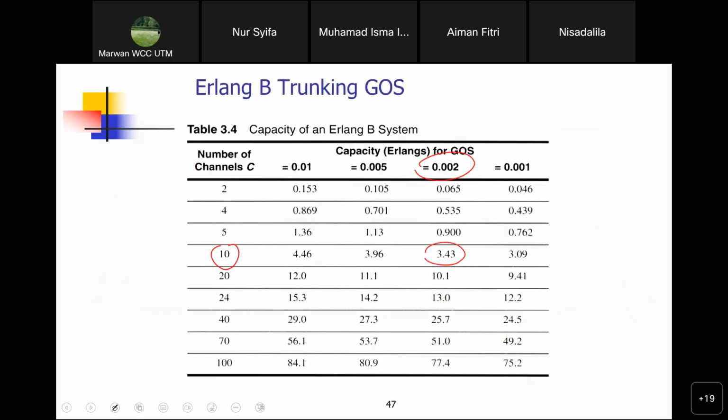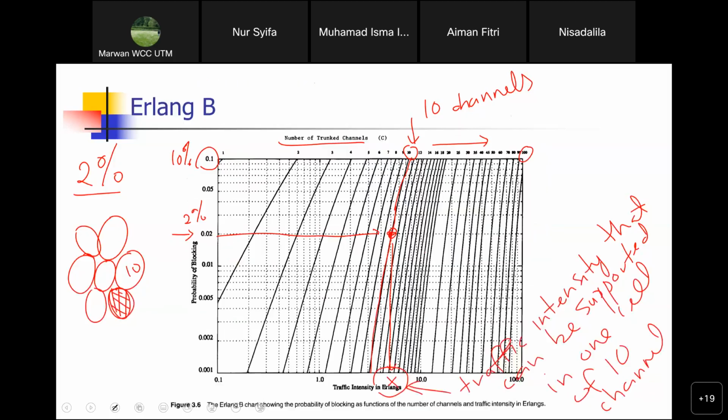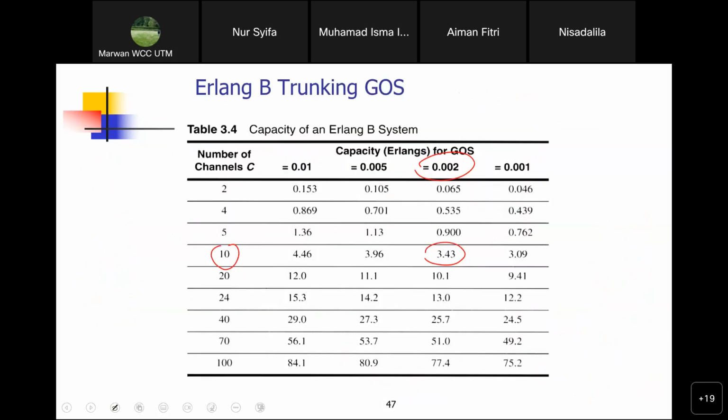So let's hit 0.02, and you have it here. It's about here. Okay, so that is 3. This is 1, this is 2, this is 3, because this is in log domain. So it's actually 3 something. So it gives you 3.43.